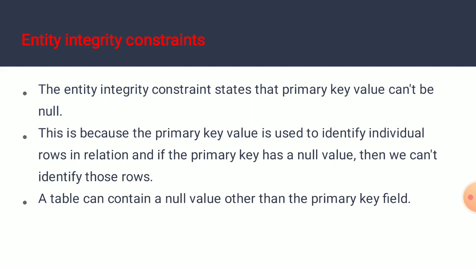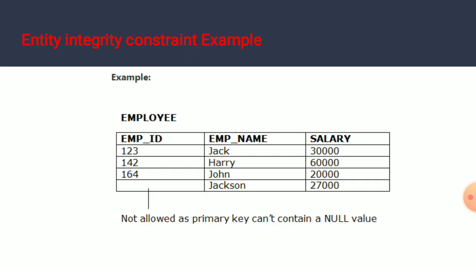Means if the primary key can be null, then we can't identify that particular record or tuple. In the example, employee ID is the primary key, and here a null value exists, so it is not allowed due to the entity integrity constraint.